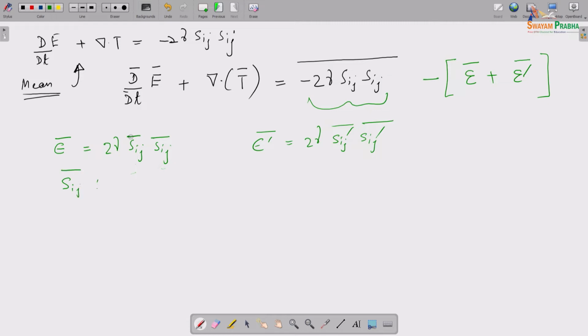So this, as we wrote down, is the mean of the rate of strain. This is the rate of strain basically, and this is the mean of the fluctuating part of the rate of strain.